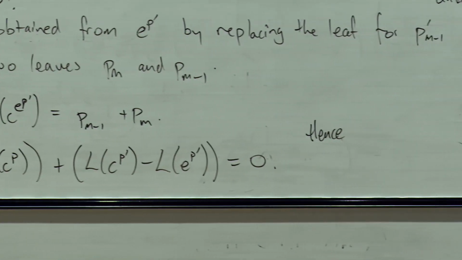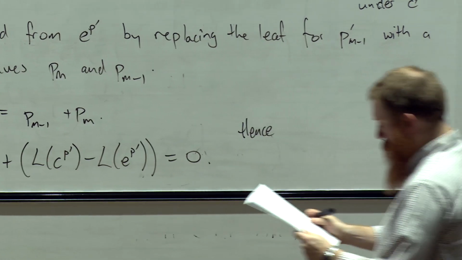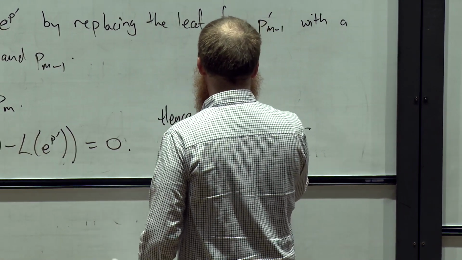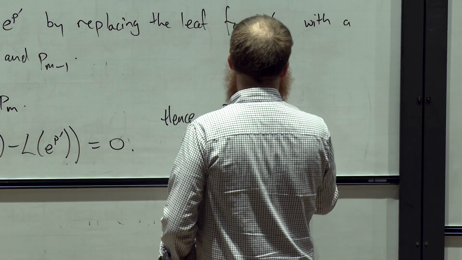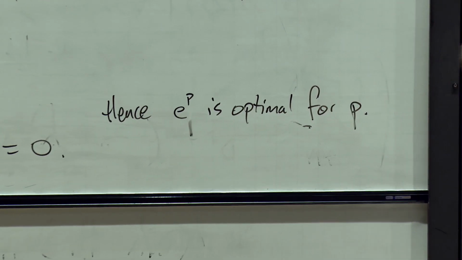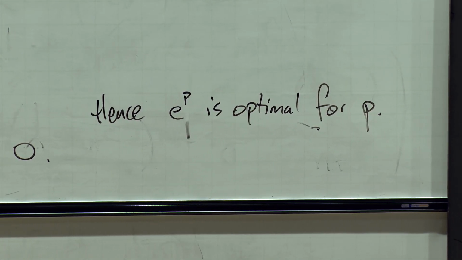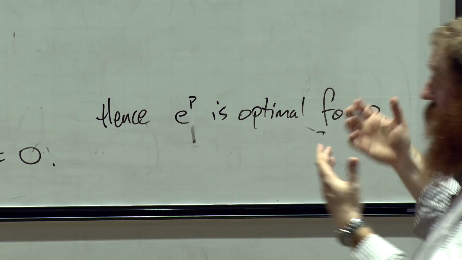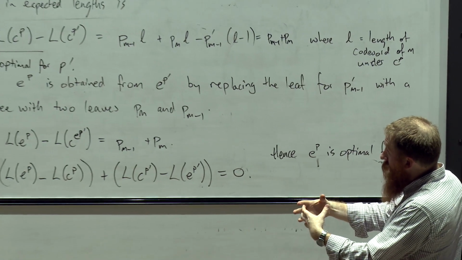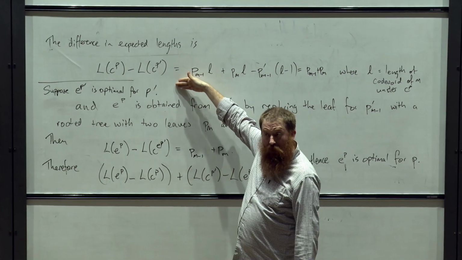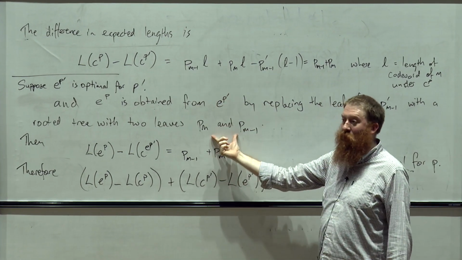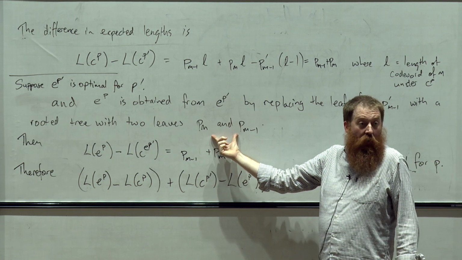Hence, what do we get? So EP is optimal for P. Okay, so what I've done is I've just shown that if I take any optimal code, EP prime, and I expand it by taking apart the two least likely terms, I get an optimal code.